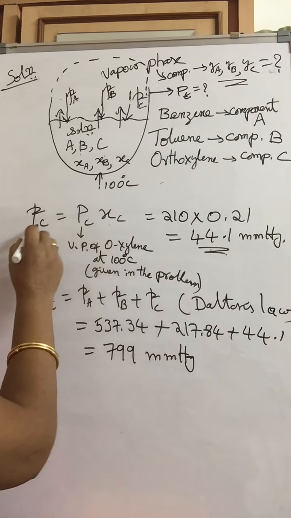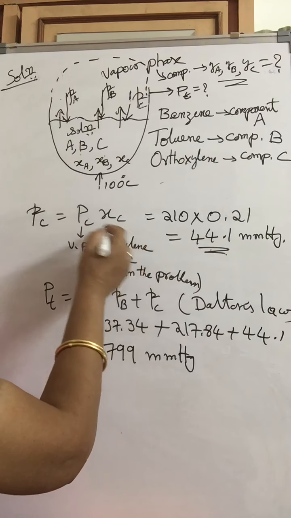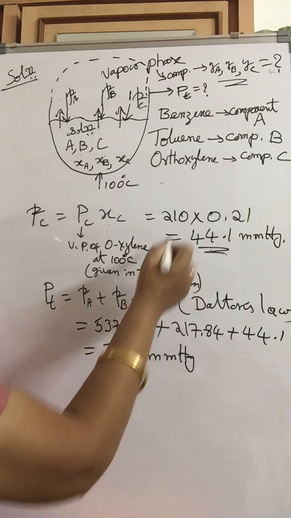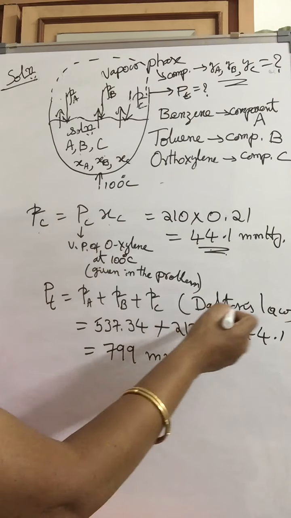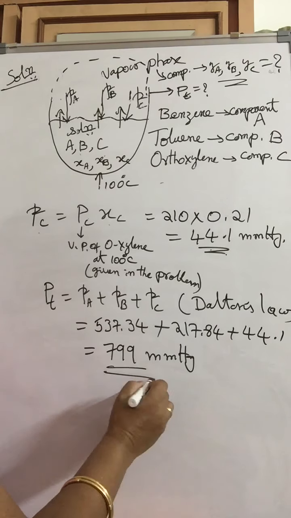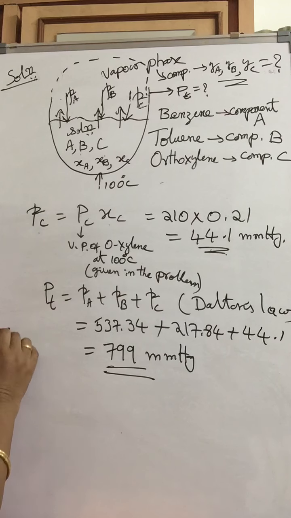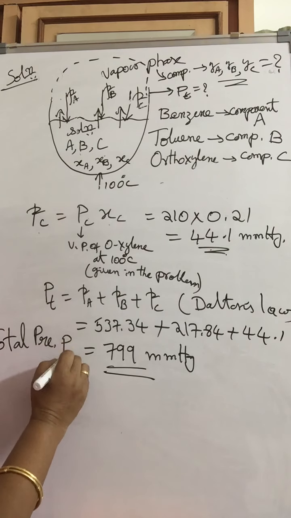Since mole fraction has no units and vapor pressure is given in mmHg, you will get the partial pressures in mmHg, so the total pressure also in mmHg. This is the total pressure PT.